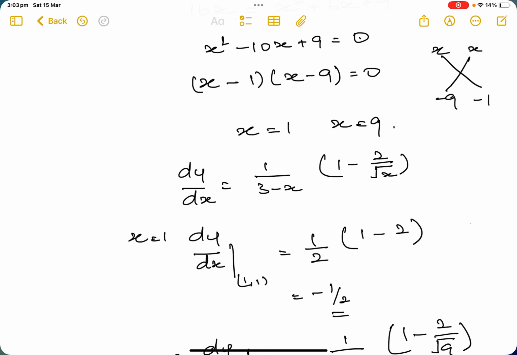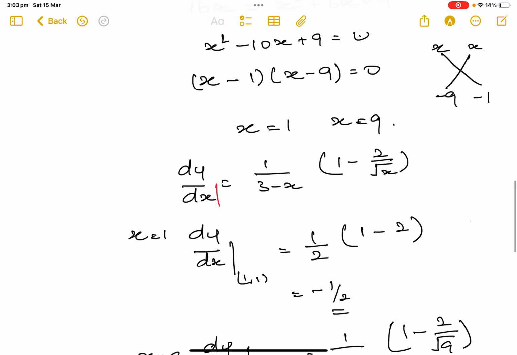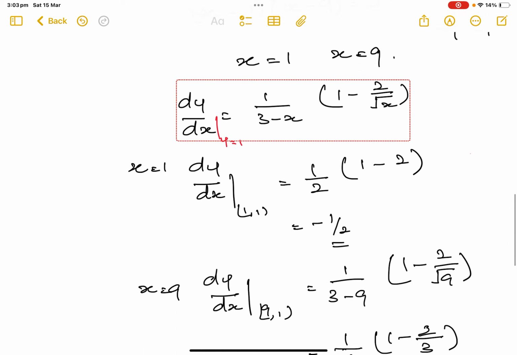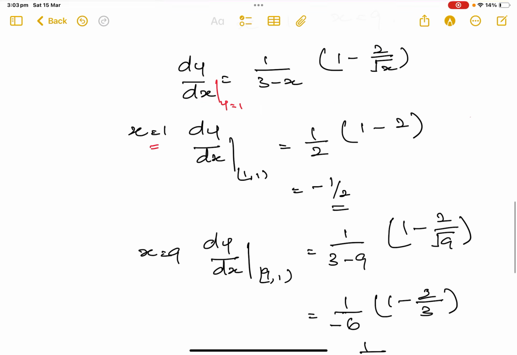So now we find the actual dy over dx when y equals 1: 1 over 3 minus x, times 1 minus 2 over root x. For x equals 1, the first value, y is 1 of course. So x is 1, y is 1, so the coordinate of the point at which we are finding the gradient is (1, 1).